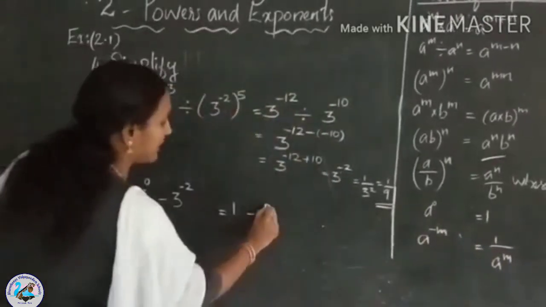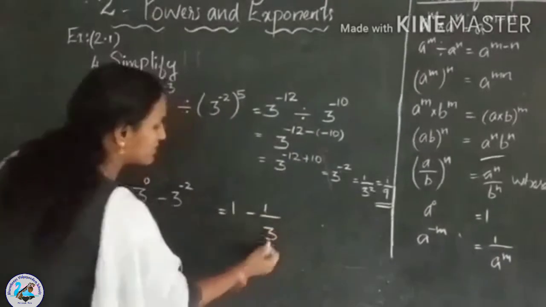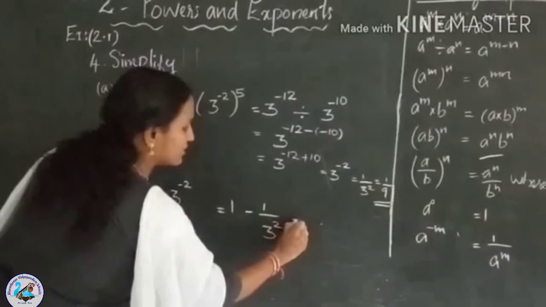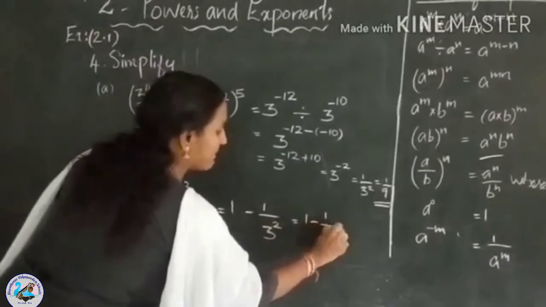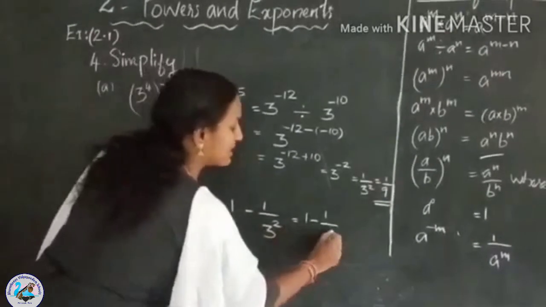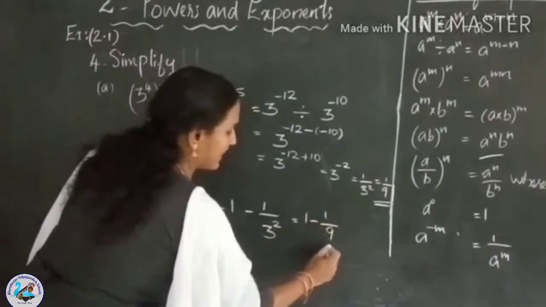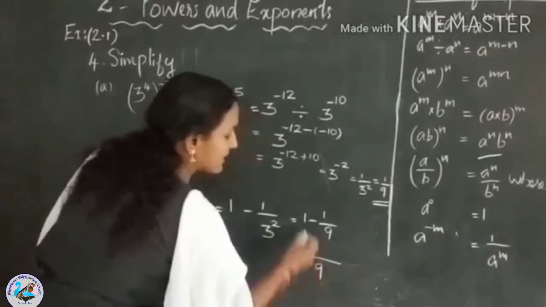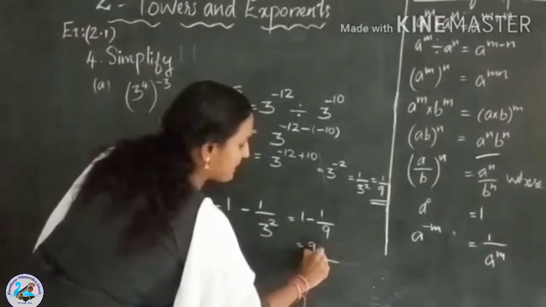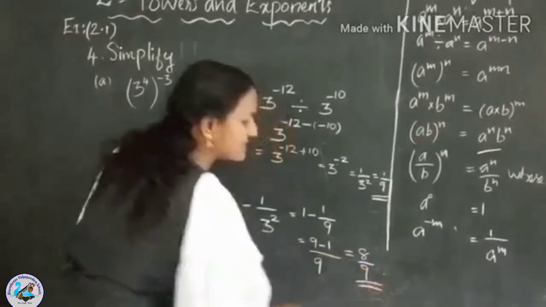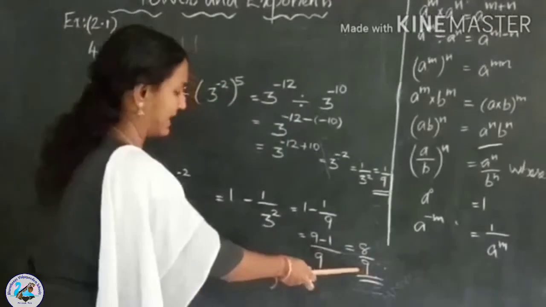Is equal to 1 minus 1 by 3 raised to, minus sign can be changed, plus 2, is equal to 1 minus 1 by 3 square, 3 multiplied by 2 times. 3 into 3, 9. 1 minus 1 by 9 is equal to, here the LCM is 9. 9 ones are 9 minus 1 is equal to 8 by 9. The answer is 8 by 9.